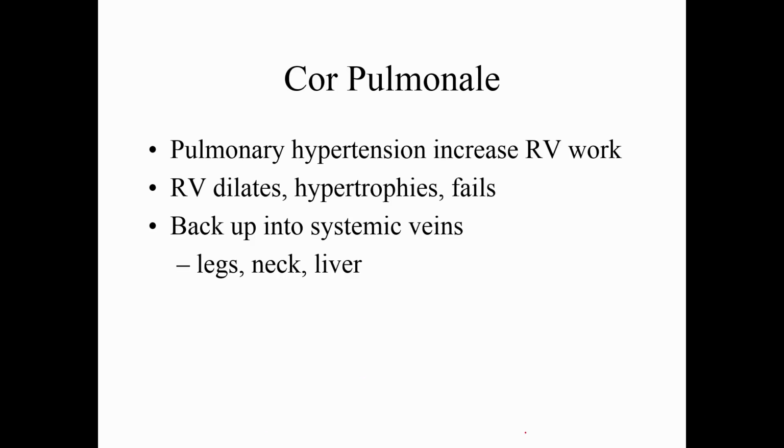So the blood is going to back up into the systemic veins. So again, we'd expect edema in the legs. The jugular veins in the neck are going to be sticking out. Congestion of blood in the liver and a distended liver and that type of thing.